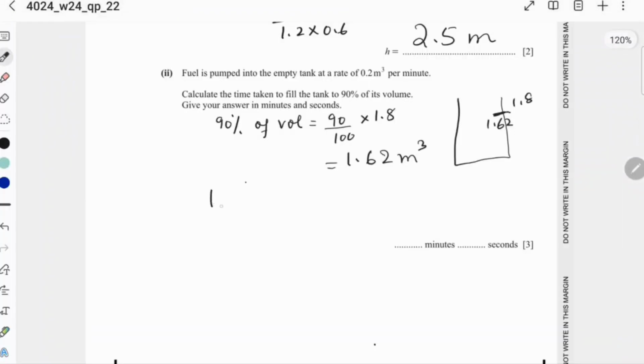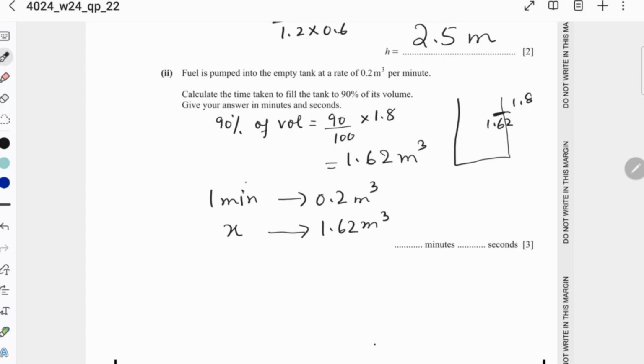So in 1 minute it's 0.2, and the question is how much time it takes to fill 1.62 cubic meters.